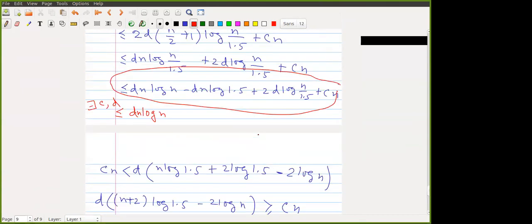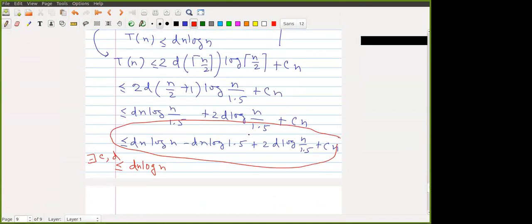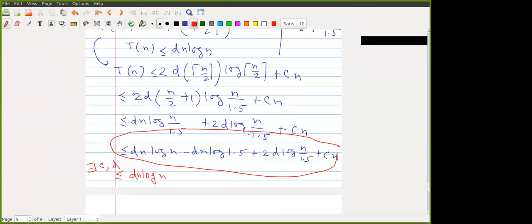And for this method, the calculation looks a bit messy on this page, but more or less the idea is that whatever I have replaced in this line has to be less than or equal to my d n log n.